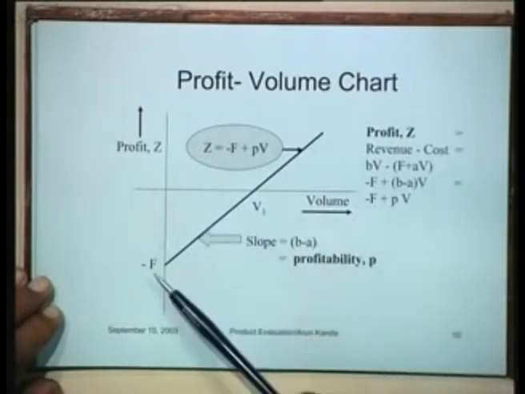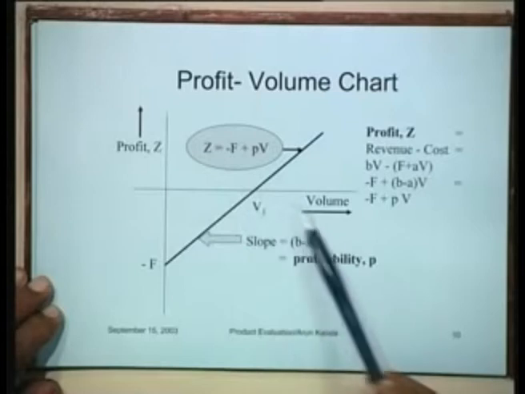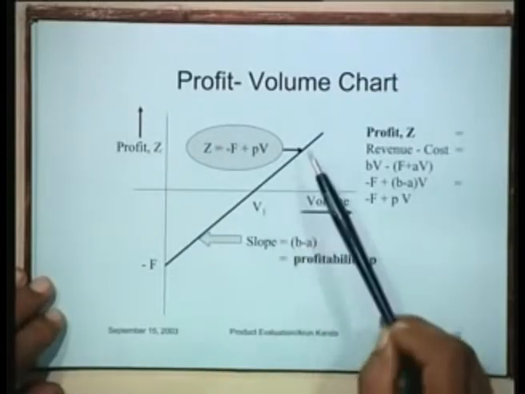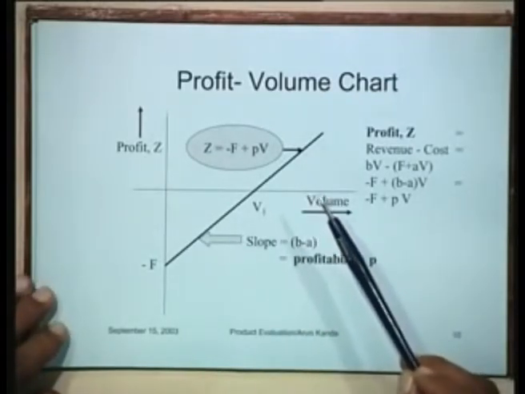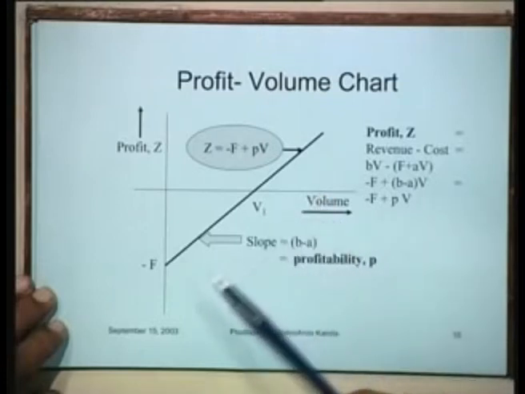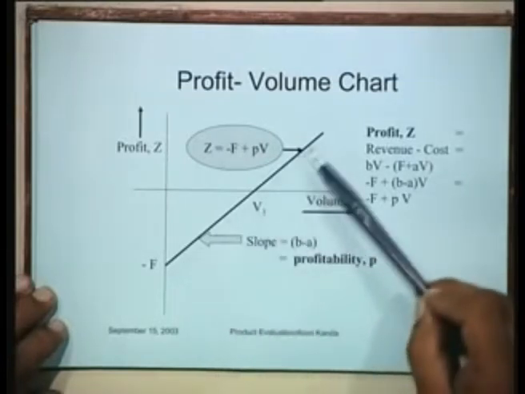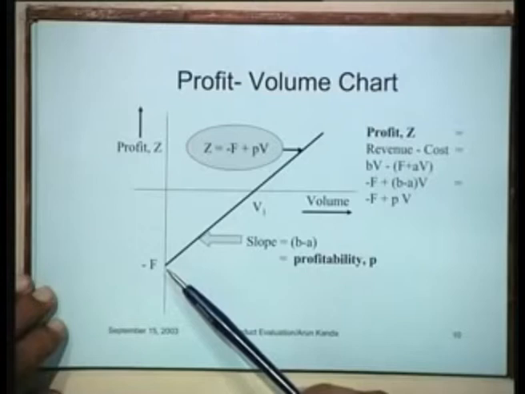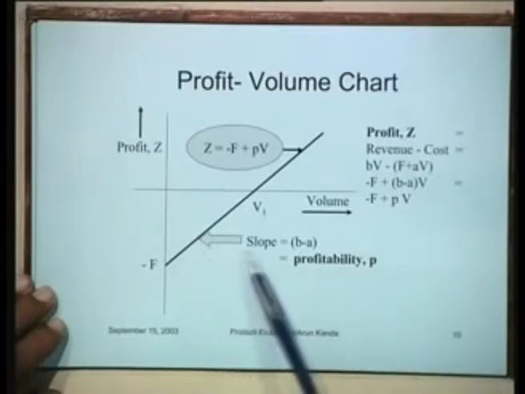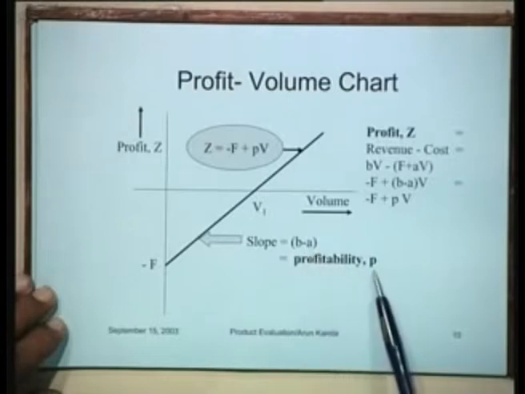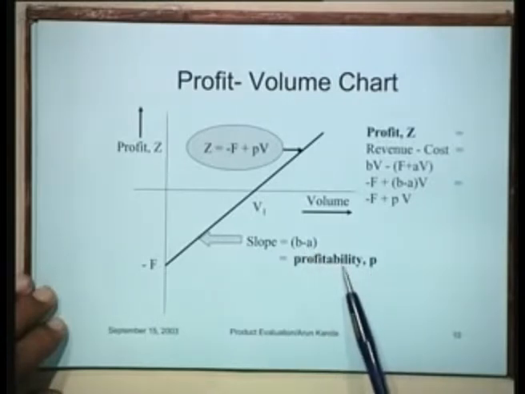So, if you plot the profit versus the volume, the same information that we had in the break-even analysis would show that the profit function is a straight line with an intercept of minus F here. The slope of this line is equal to B minus A, which is P, often known as the profitability.